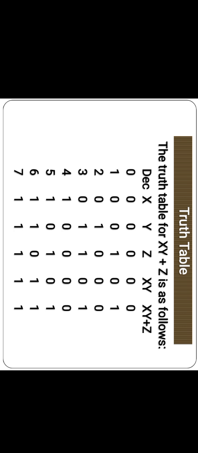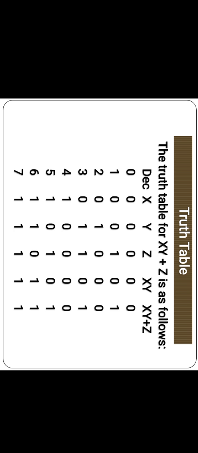For the decimal number 2, the xy value is 0, 1. x 0 into 1, 0 for xy. And for xy plus z, the z value is 0. So 0 plus 0 equal to 0.